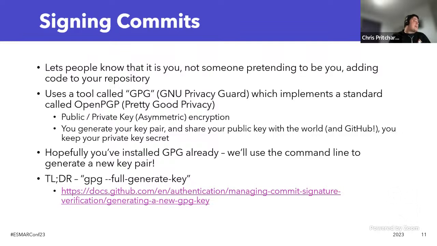In order to generate a new key, you just type the command gpg --full-generate-key, and then it talks you through what you do. The GitHub documentation actually has a more detailed walkthrough, but I was just going to quickly show you the wizard.